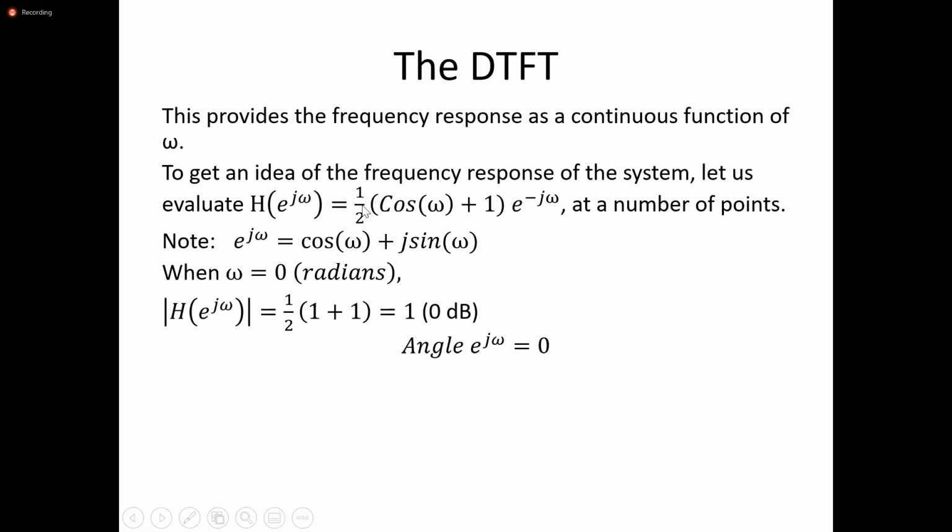A half is outside. So 2 over 2 gives you 1. A gain of 1. Here, our phase angle is 0, as shown there. So at DC, our system passes the signal through without any attenuation. What goes in comes out in terms of amplitude, with no phase shift.